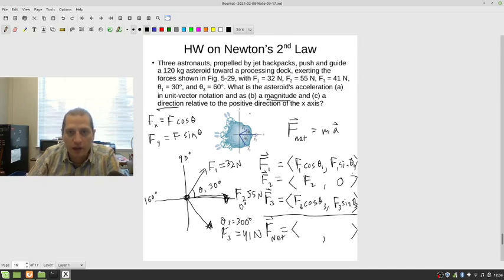This block has a mass of 120 kilograms. So if I know the force in newtons and I divide it by the mass in kilograms, that gives me an acceleration vector. So if I take F equals ma, I take F divided by m, that'll give me the acceleration vector. How am I going to find the magnitude of that acceleration? I'm going to use the Pythagorean theorem, x squared plus y squared, and then take the square root. How am I going to find the direction? I'm going to have to use my trig.